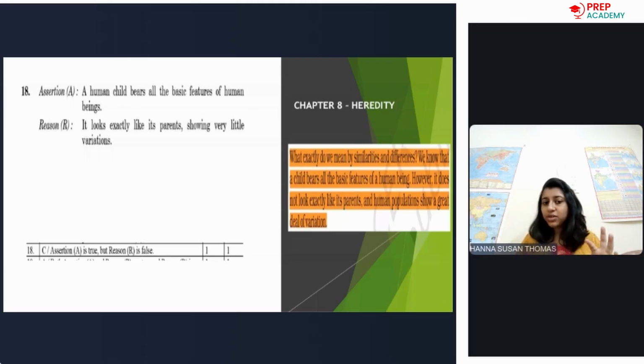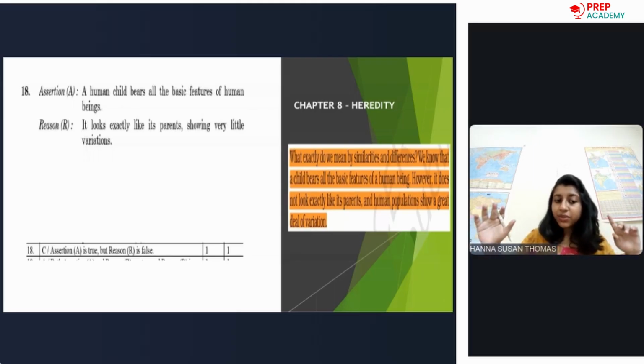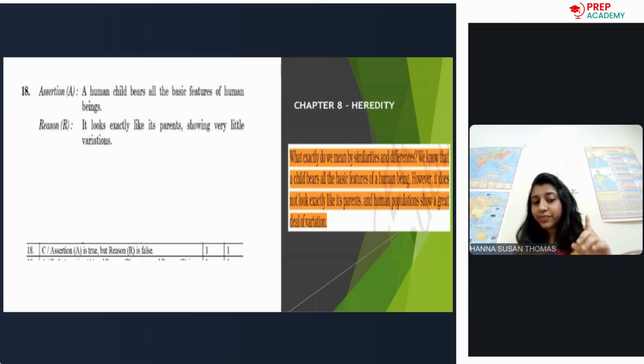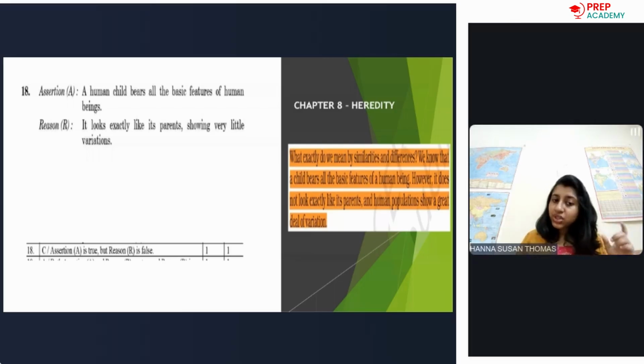First option: both assertion A and reason R are true, and reason R is the correct explanation of assertion A. Second: both assertion A and reason R are true, but reason R is not correctly explaining assertion A. Third: assertion A is true, but reason R is false.